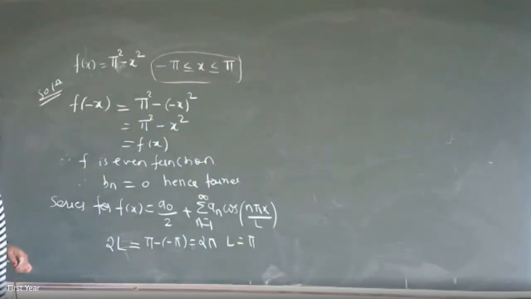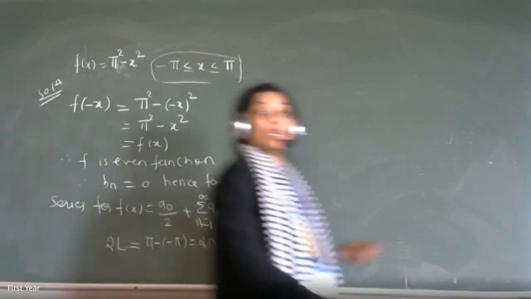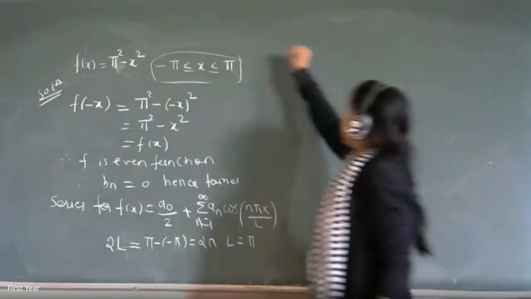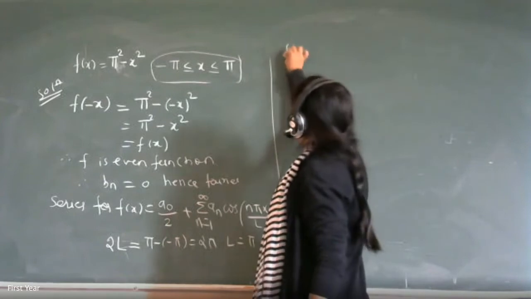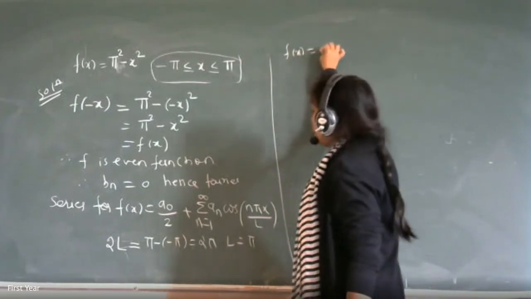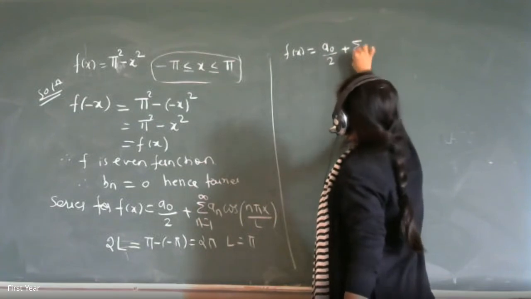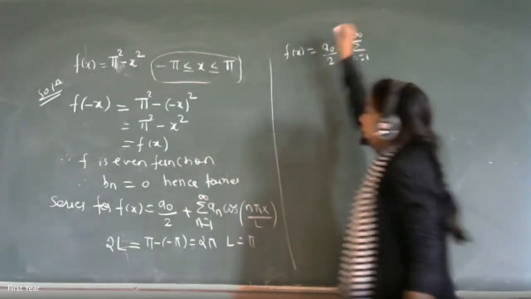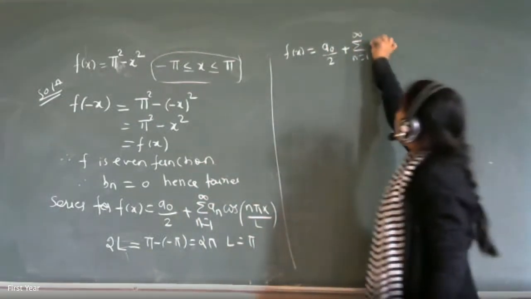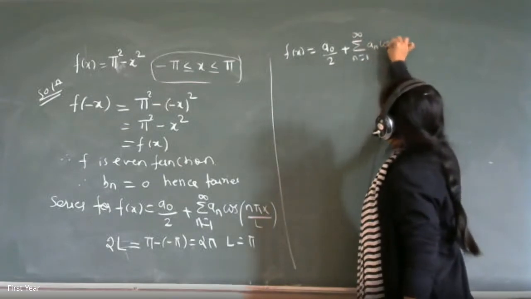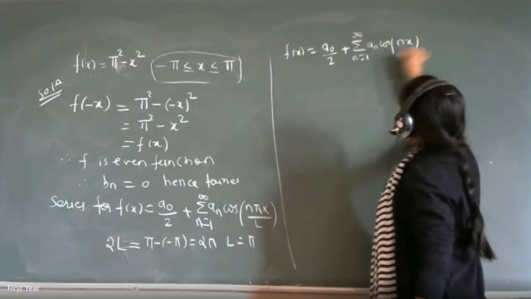So when you substitute l is equal to pi, your Fourier series becomes f of x is equal to a naught by 2 plus summation n from 1 to infinity an cos of nx. Is this okay?